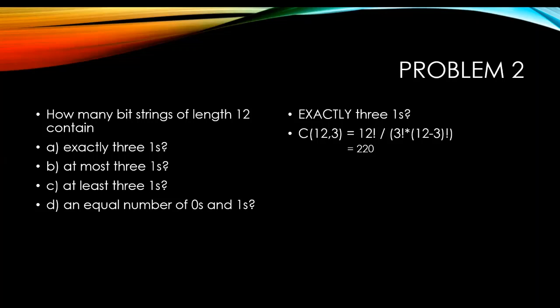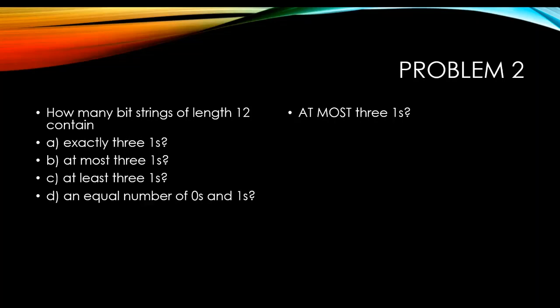Now let's move on with at most 3 of 1s. It means the number of 1s doesn't exceed 3. So we could have 2 of 1s, 1 of 1s, or none at all. Based on what I have stated, we have different scenarios.